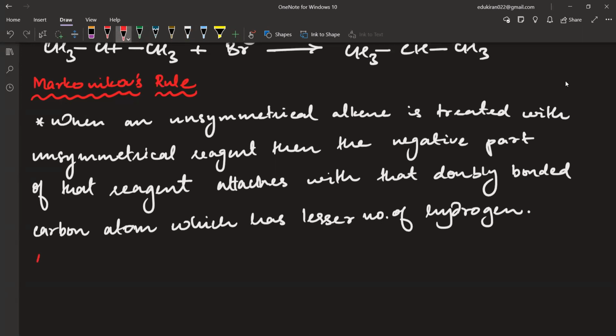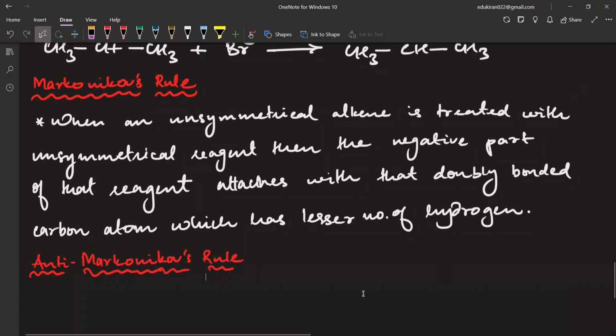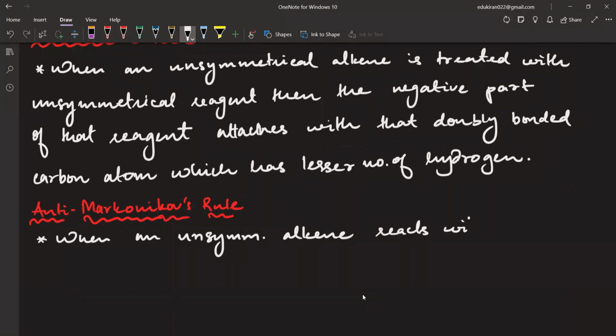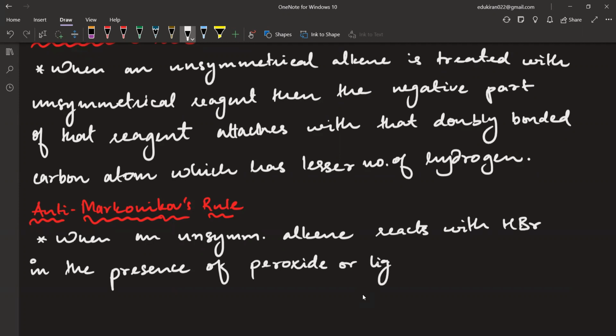After this, we will write the anti-Markovnikov's rule. When an unsymmetrical alkene reacts with HBr in the presence of peroxide or light, what they will do is help in the generation of free radicals.